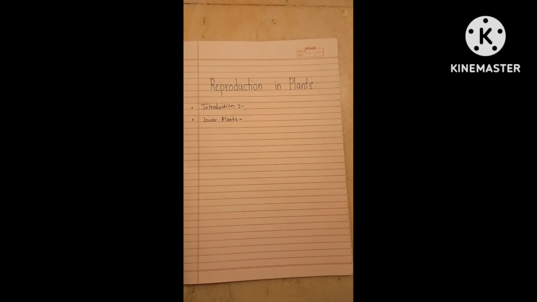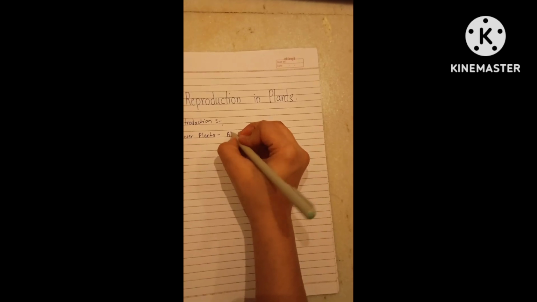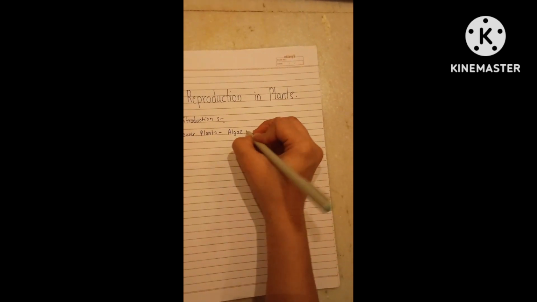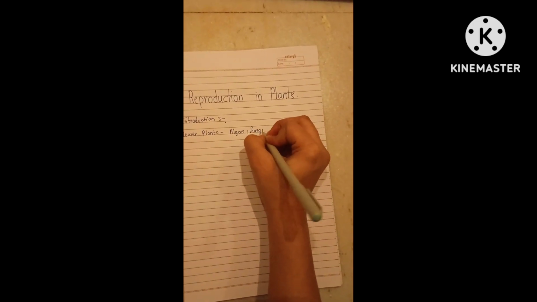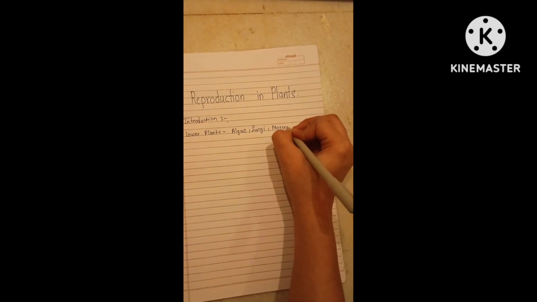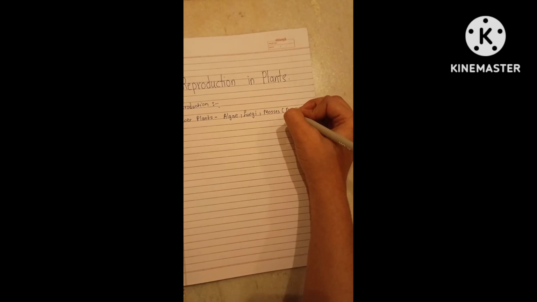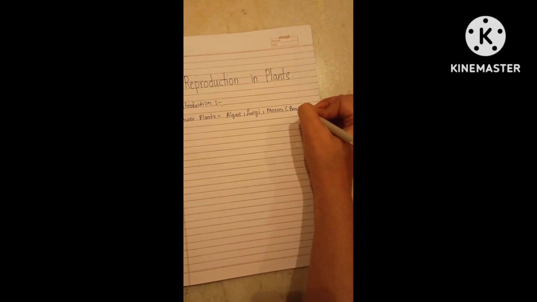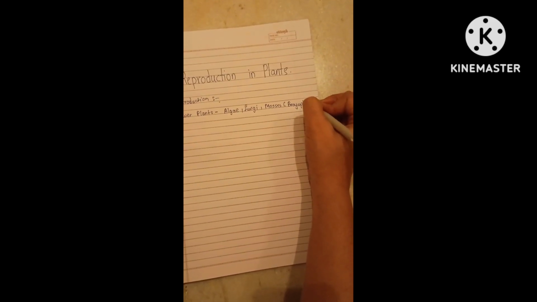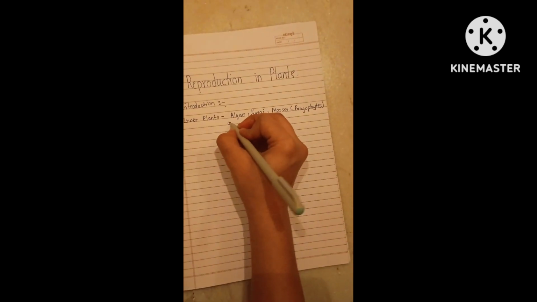So, in the lower plants, think of algae, fungi, mosses. Do you know which kingdom mosses come in, which you have learned? Bryophyta. Or you can also say bryophytes. And ferns.